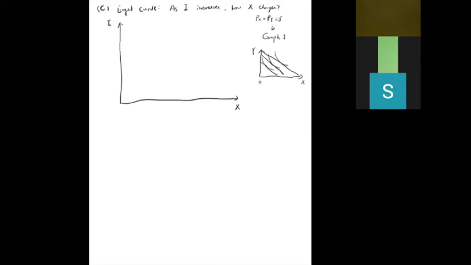If I call these lines A, B, C, at those tangent points with the indifference curves, at point A, income is 40 and the consumption of X is 6, I think.